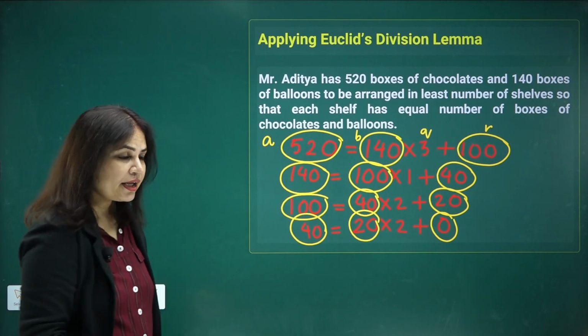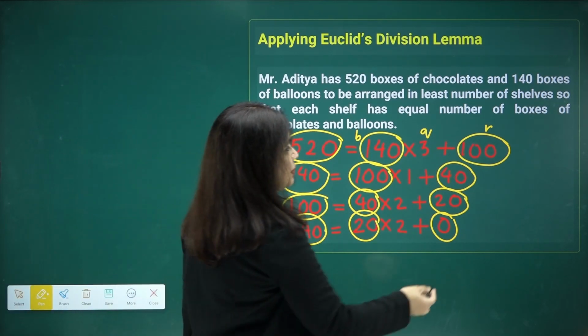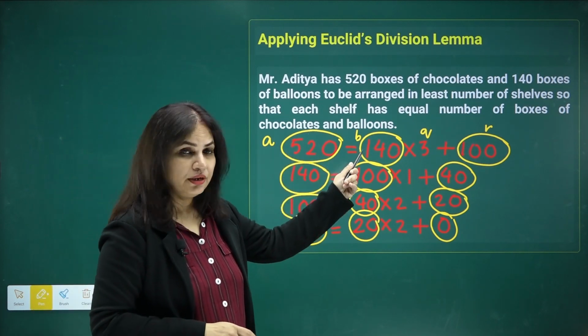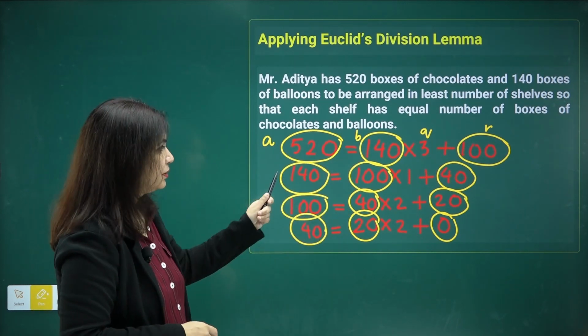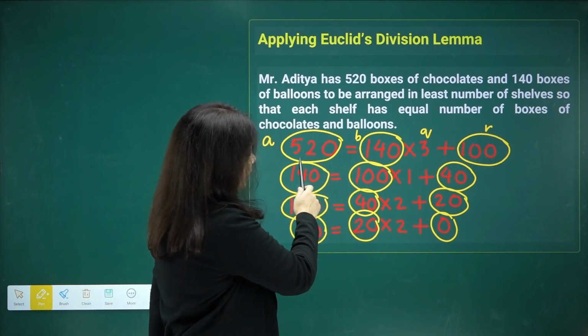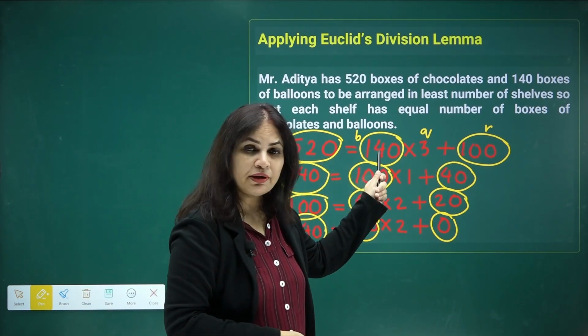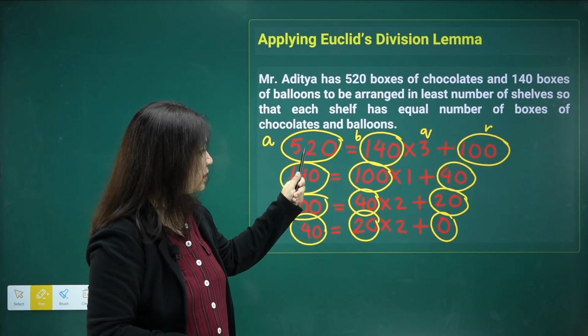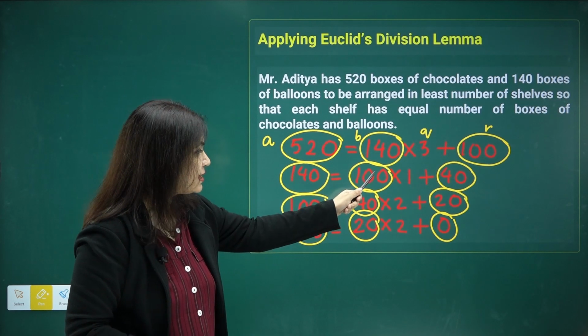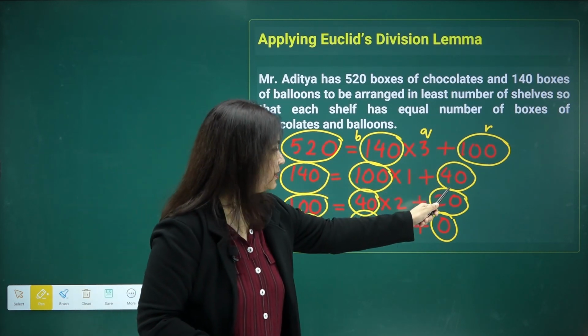So in the entire process, what do we see? We divide 520 by 140. In the next step, 140 will be divided by the leftover. Next step, 100 will be divided by the leftover.